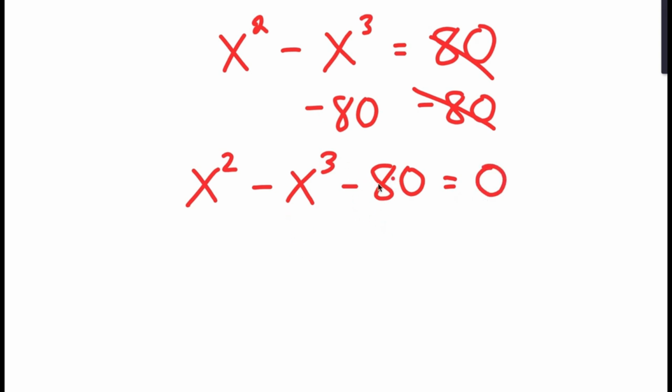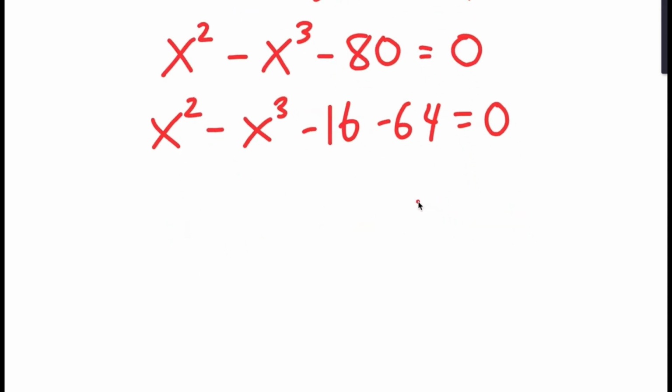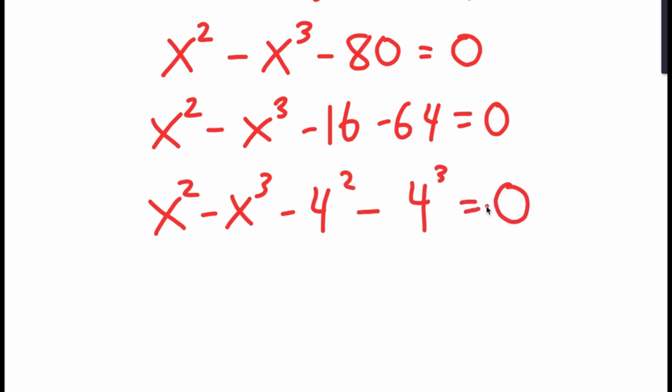Now from here, I'm going to replace negative 80 with negative 16 minus 64. Now, I'm going to first rewrite negative 16 as negative 4 squared, and negative 64 as negative 4 to the power of 3.